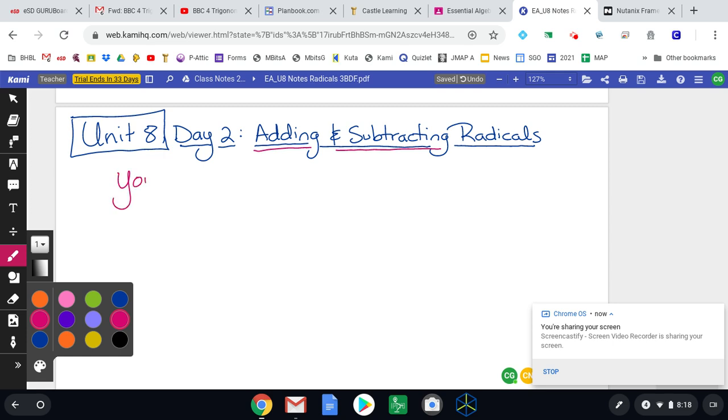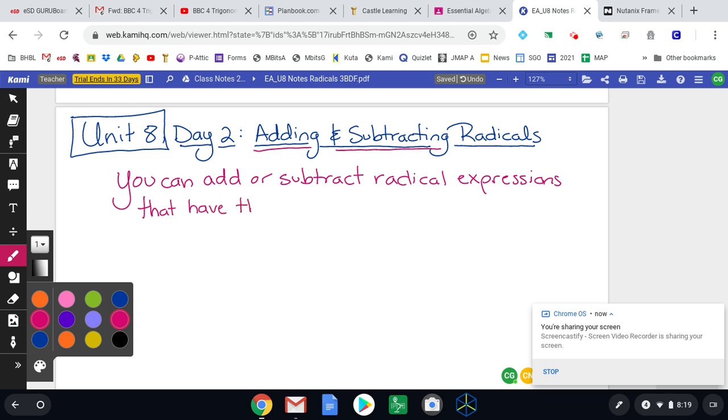So you can add or subtract radical expressions that have the same index and radicand.